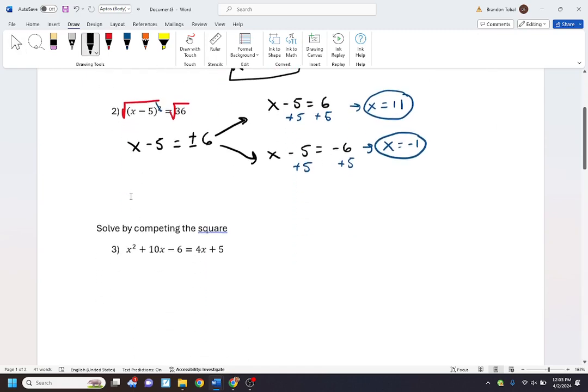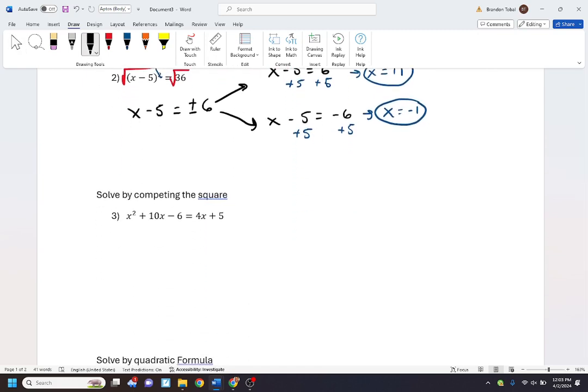Number 3. This is by completing the square. Here's a reminder of the steps. Step 1, you want to set it up as ax squared plus bx equals c. So you want all your constants, the numbers that have no variable, on one side, and all your variables on the other side.